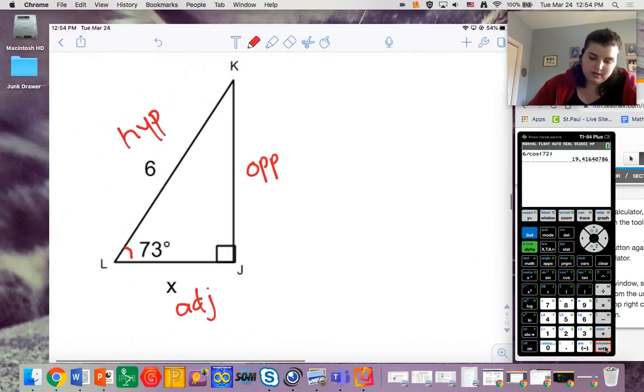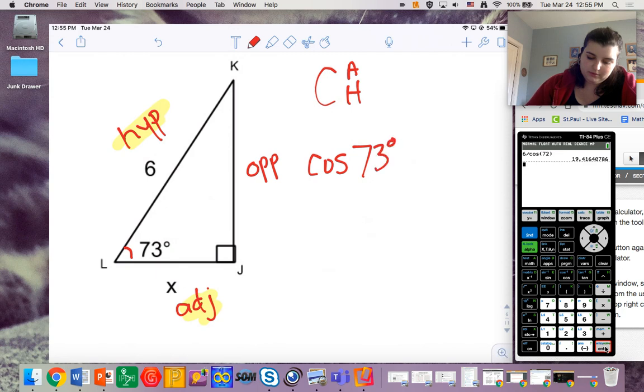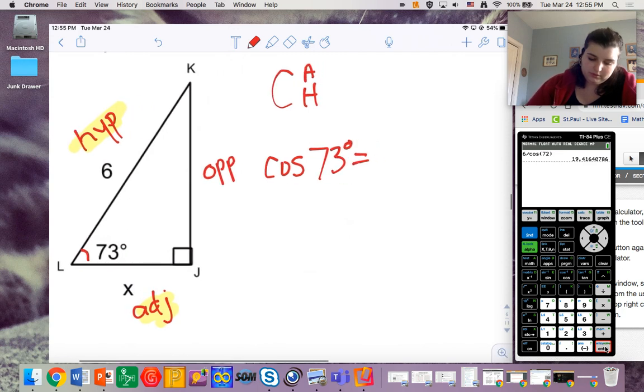And now I'm looking for this x. So the numbers I have involved, I've got the hypotenuse and adjacent again. So still going to be cosine, right? Is the CAH portion. So cosine of 73 degrees equals adjacent x over hypotenuse 6.